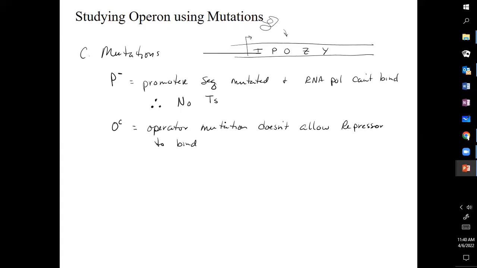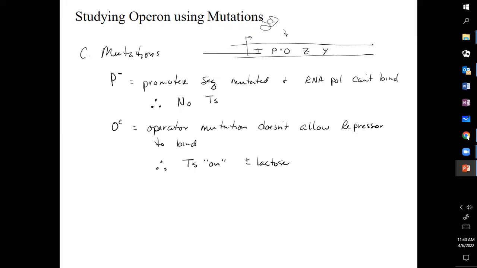Now let's think about that. In conditions where there is no lactose present, the repressor normally is bound. But here it's a mutation in the operator and the repressor can't recognize it and bind to it. So what is that going to do? It's going to allow for transcription even in the absence of lactose.